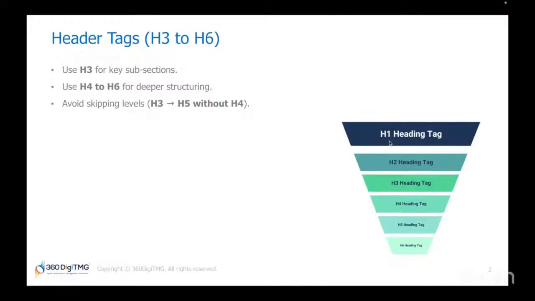For H2s, 2 into 2, 4 H2s. For H3, 3 into 3, which means 9 H3s should be there on a particular page. For H4, 4 into 4, 16. H5, 5 into 5, 25. H6, 6 into 6, 36. So this is what we discussed in yesterday's session.